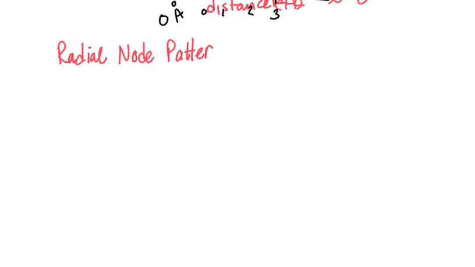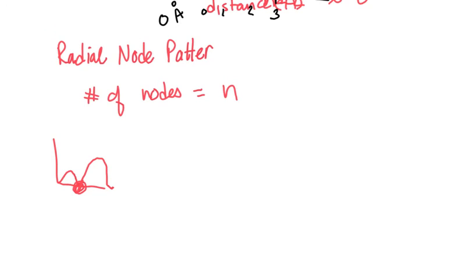The number of nodes, and remember the nodes is when we approach 0, right here. This would be the node spot. So the number of nodes is going to be equal to the value of n minus the value of l minus 1.